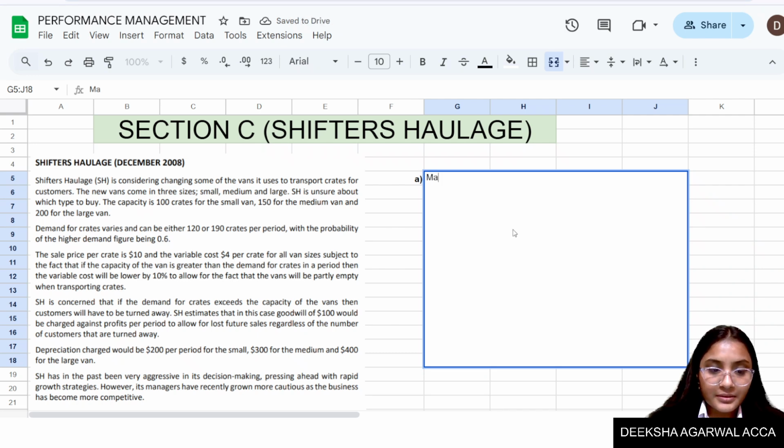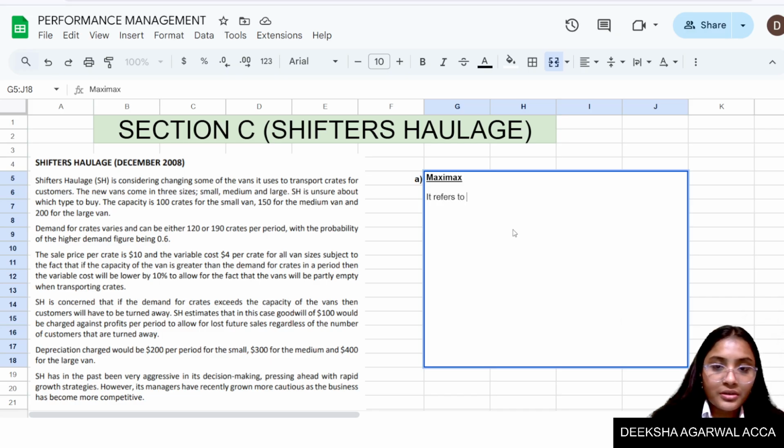Now maximax. What is maximax? Maximax is a decision making approach where the investor aims to achieve the highest possible return.